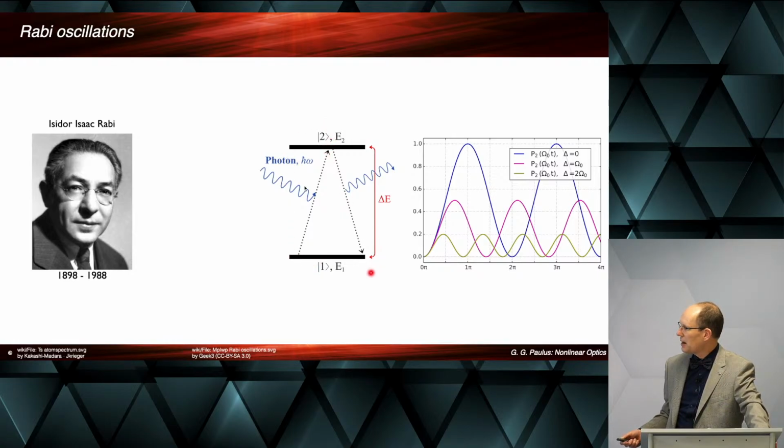So it's pumped up here, but once it's over there, it will be pumped down again. And the more photons you use, so the higher the intensity, the quicker it will go. So these are the so-called Rabi oscillations, one of the fundamental phenomena in resonance fluorescence.